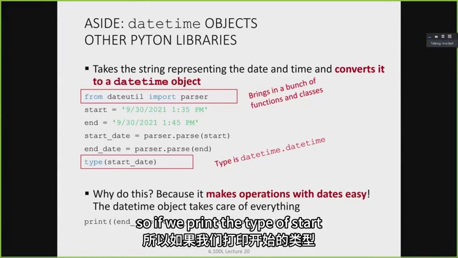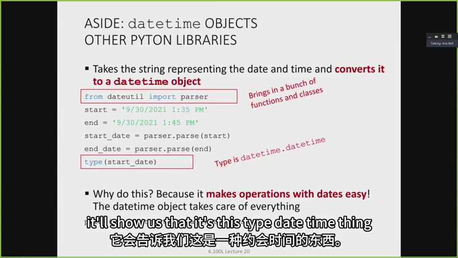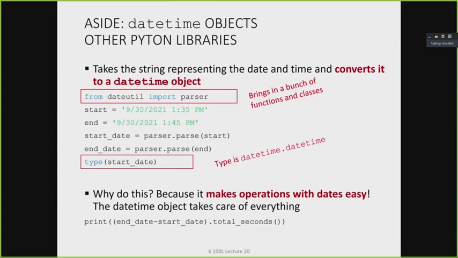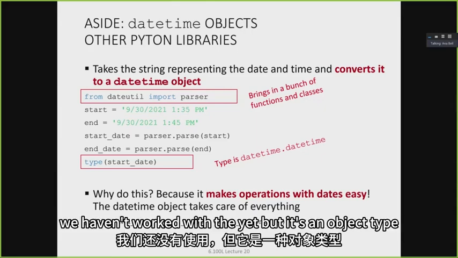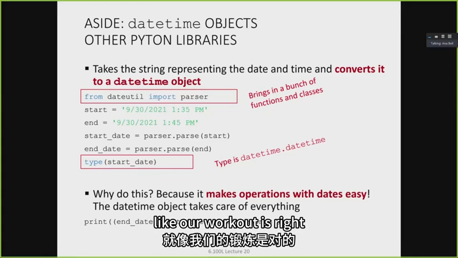If we print the type of start date and the type of end date, it'll show us that it's this type datetime thing. So it's a new object type. We haven't worked with it yet, but it's an object type like a list is, like a dictionary is, like our workout is.